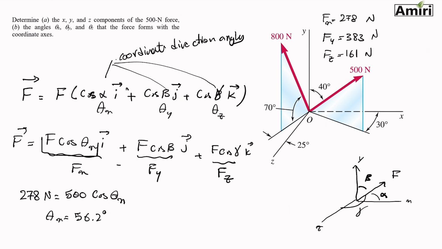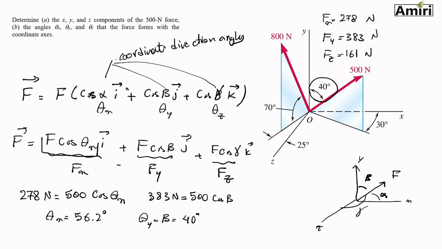We'll do the same for Fy. Do we have to do it? We don't. It's given. It's already 40. Well, let's do the math. Make sure everything checks out. 383 newtons equals 500 cosine beta. If you do the math, your beta, or sorry, theta y, different notation, should equal 40. Well, that checks out.